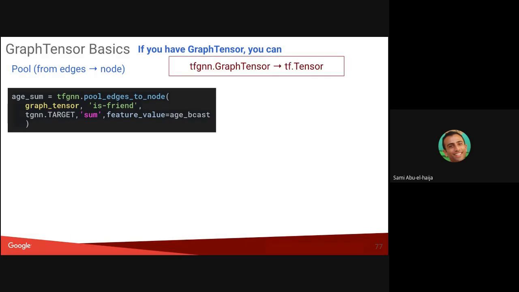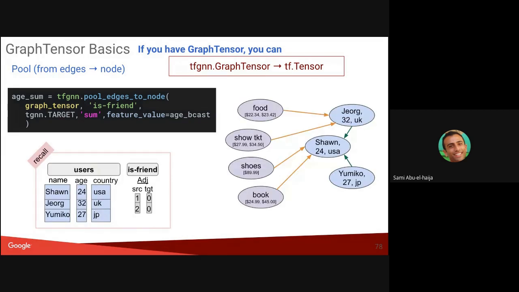This operator also takes the graph tensor and returns a tensor. And recall that in the graph, there are 3 nodes for the user's node set. So the return tensor from the pooling operator will have an entry for each of these nodes.